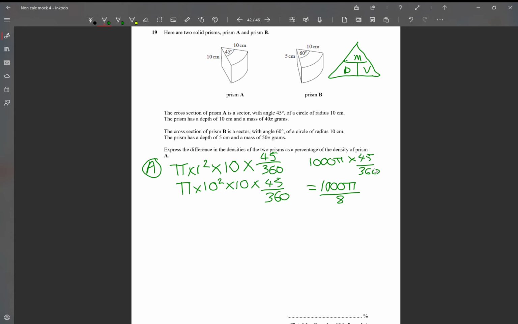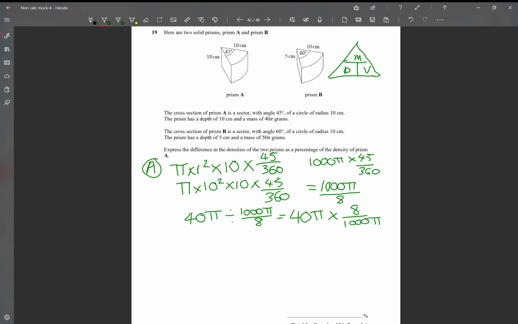And then to find the density you would do the mass divided by the volume, so it's going to be 40 pi divided by 1000 pi over 8. It might look confusing, but it shouldn't be too bad, because if you remember the division rule, you can times it and switch the second one over.